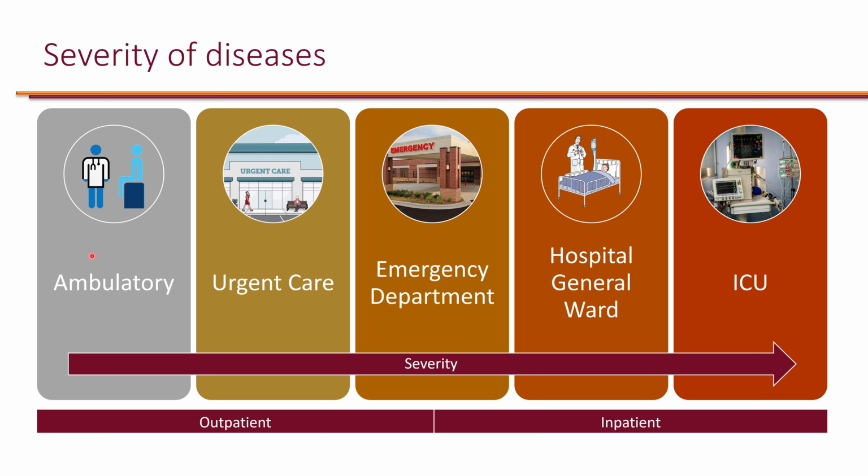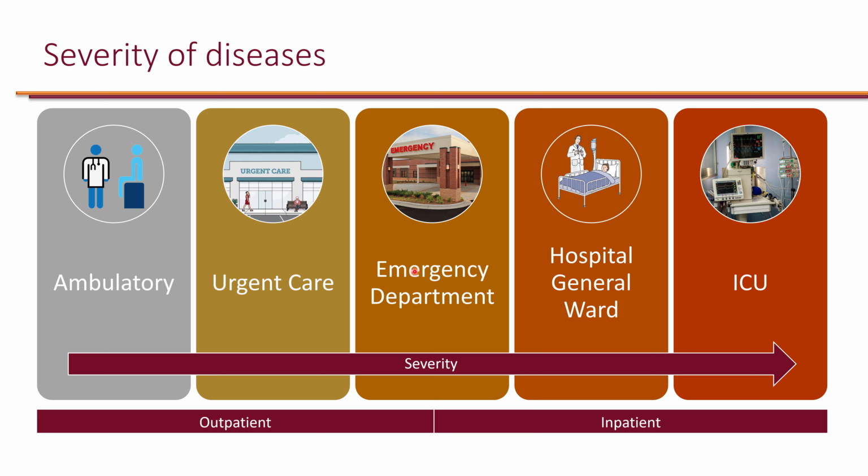So if someone is less severely ill and is ambulatory, meaning that the patient is able to walk, so the infection is not severe enough to prevent them from walking, this patient can make an appointment at the clinic, with the primary care physician, or in an ambulatory care clinic with a pharmacist in order to receive care. Now, slightly more urgent would be if the patient is still ambulatory but needs urgent treatment. So for that reason, the patient can go to an urgent care.